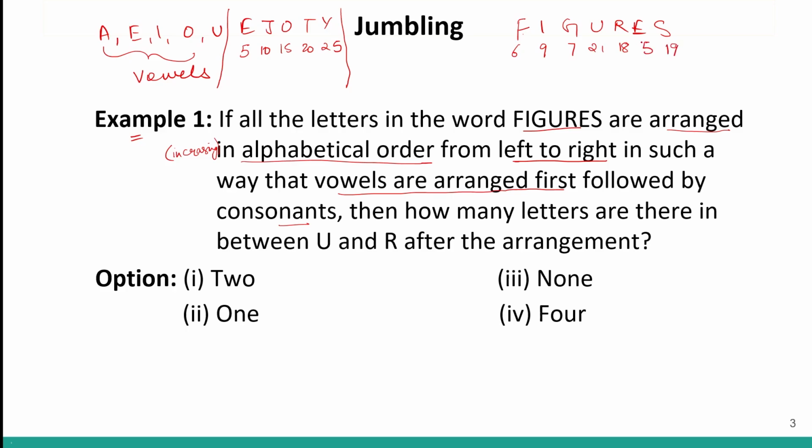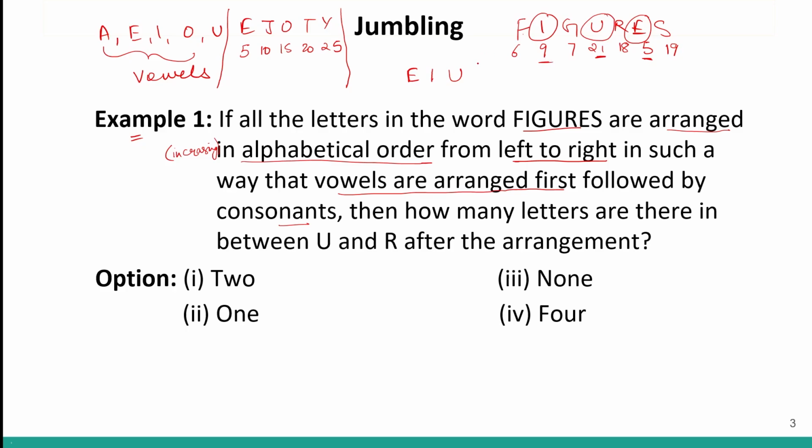Correct? Now, out of these, how many are vowels? I, E, and U. These are vowels. So I have to arrange vowels first and then I have to arrange the consonants. So if I arrange vowels in alphabetical order, it will be E, I, and then U. Then I have to arrange consonants.